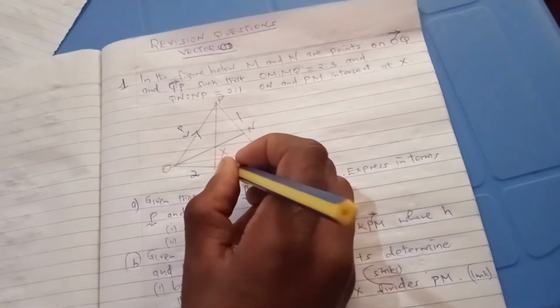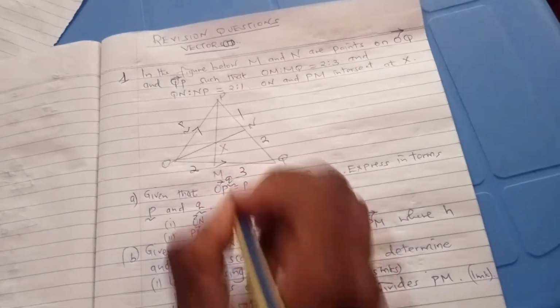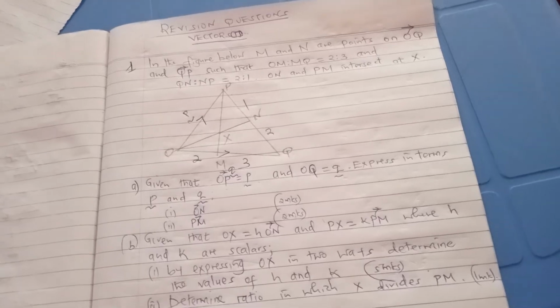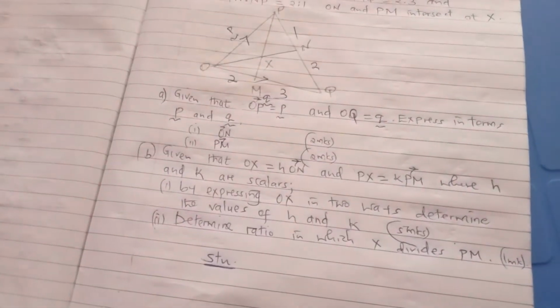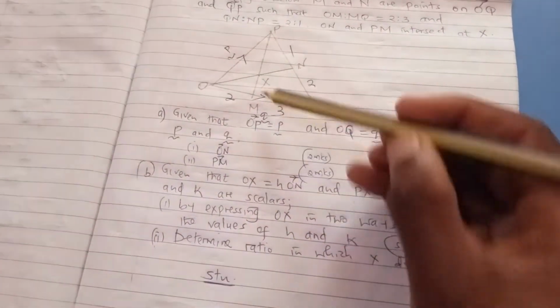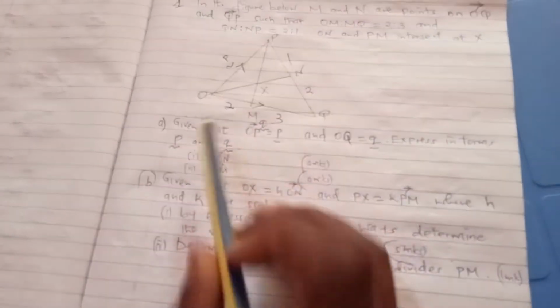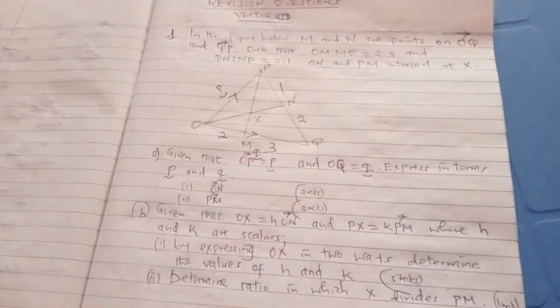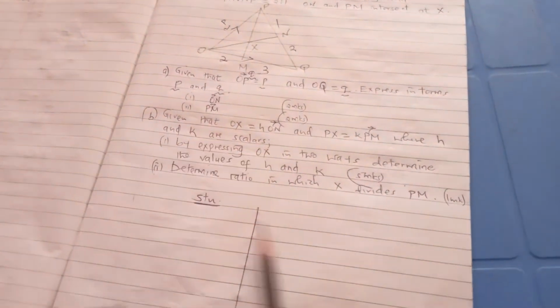So also this vector here from O to Q is denoted by vector q, like that. Express in terms of p and q, this vector ON, from O to N. So we're going to work out that one together.